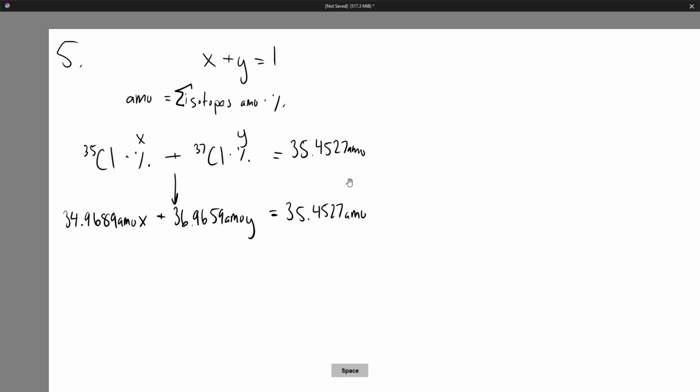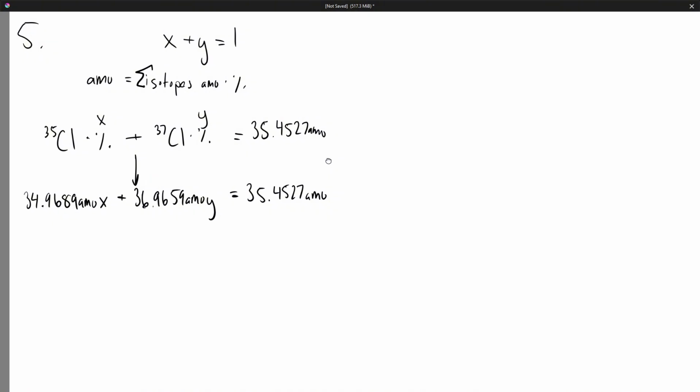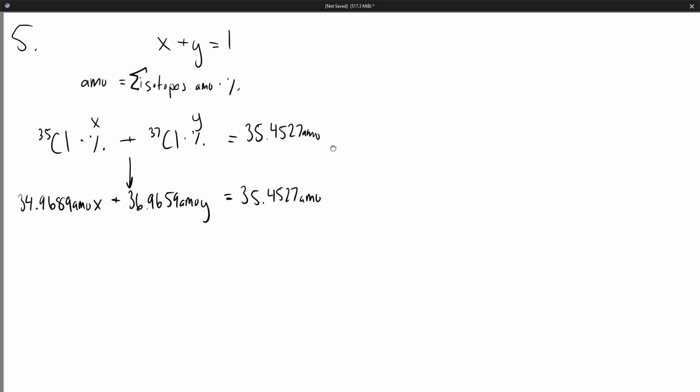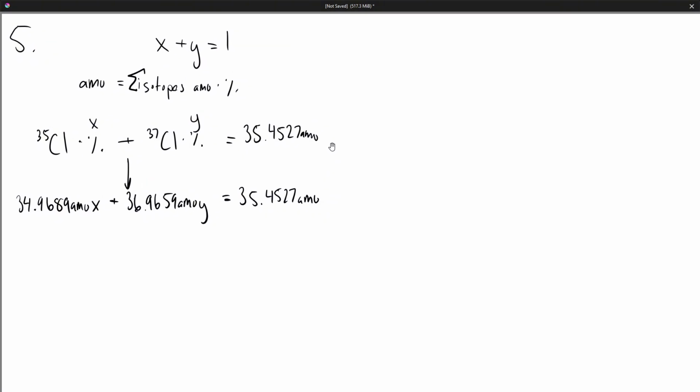To solve for the percent abundances, we have to solve for just one variable first. Whichever one you choose doesn't really matter, but here I'll solve for y first.